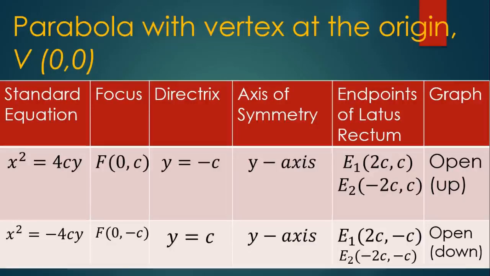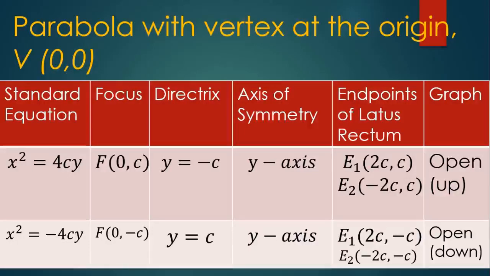Ang quadratic variable natin doon ay y. Dito, x. Okay? Then, yung curve natin, pag ganitong equation, x squared equals 4cy, the graph opens upward. While this one, the curve opens downward.